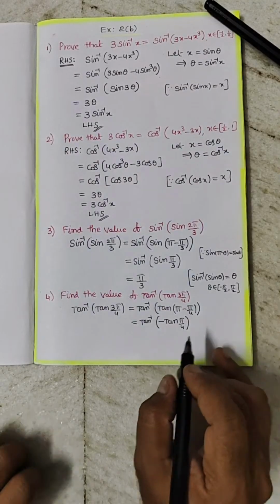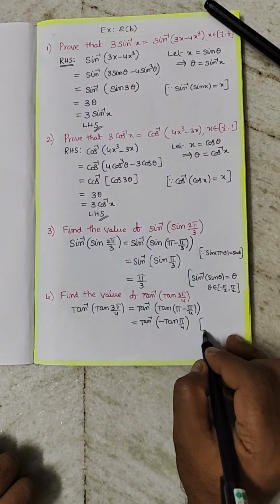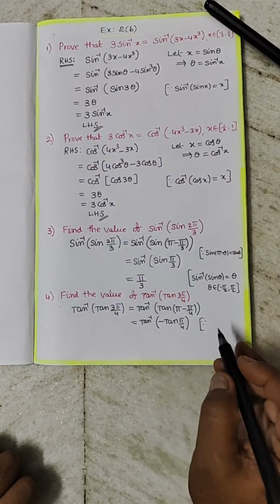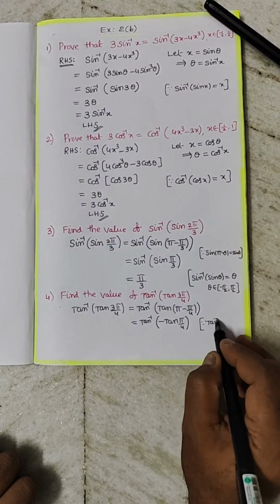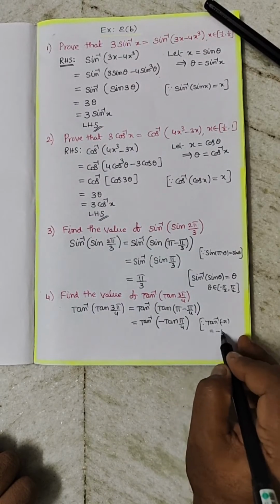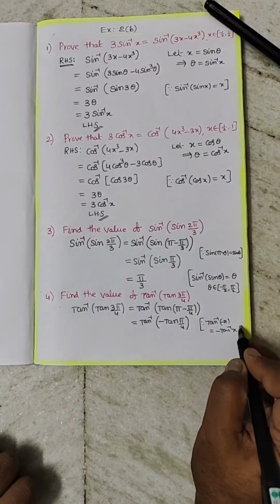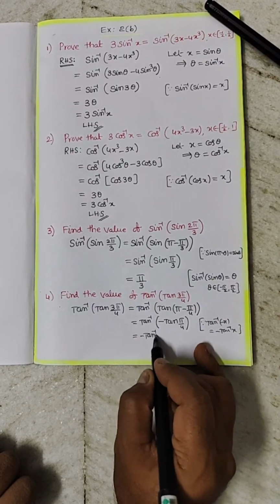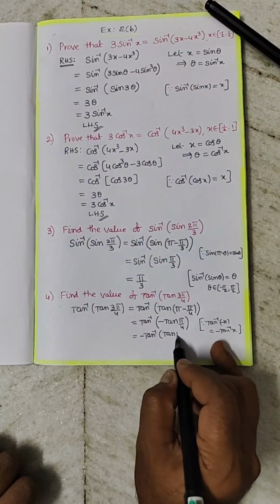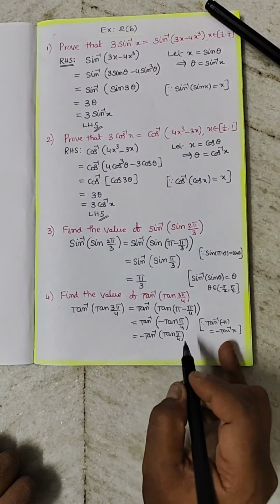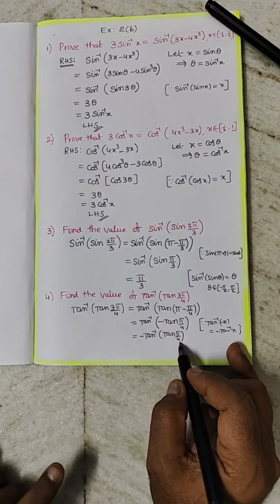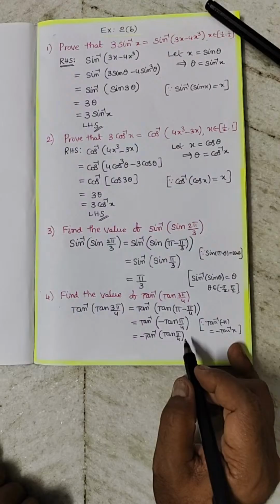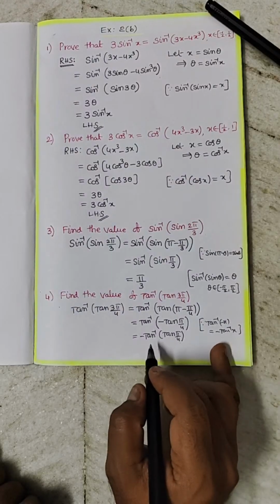Later, tan inverse of minus x is equal to minus tan inverse x. So, this is equal to minus tan inverse of tan pi by 4. This pi by 4 value belongs to the open interval minus pi by 2 to pi by 2, dear students. Why? Because the range of tan inverse x is open minus pi by 2 to pi by 2.